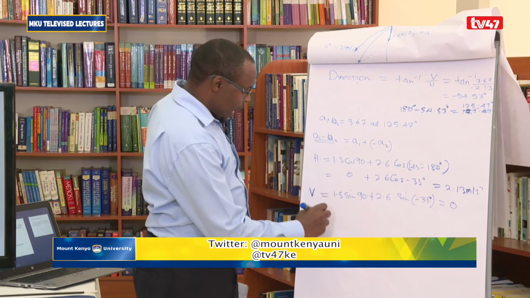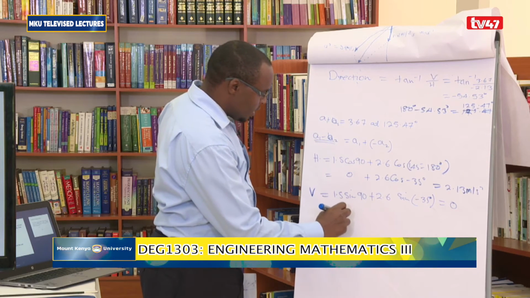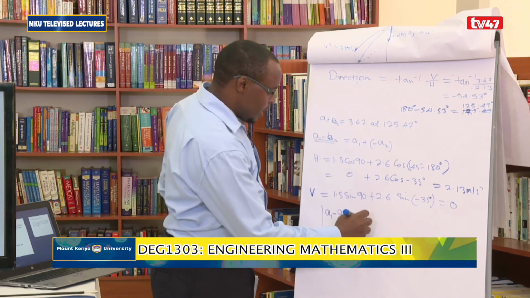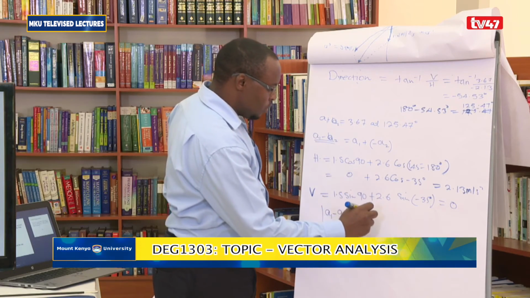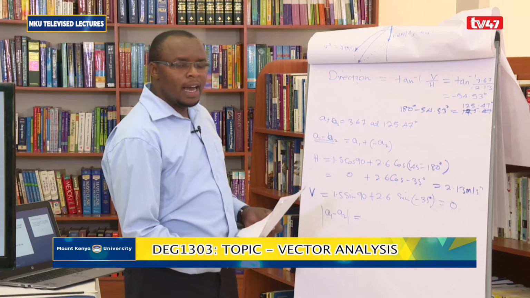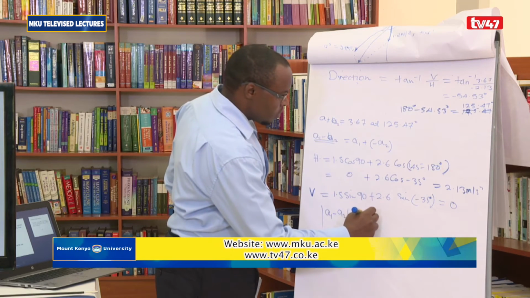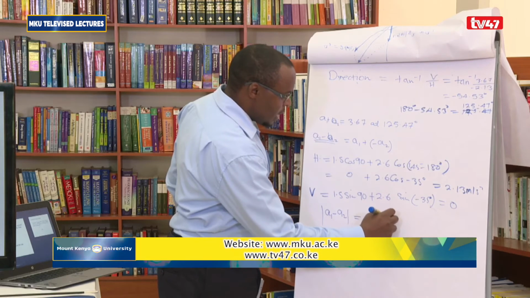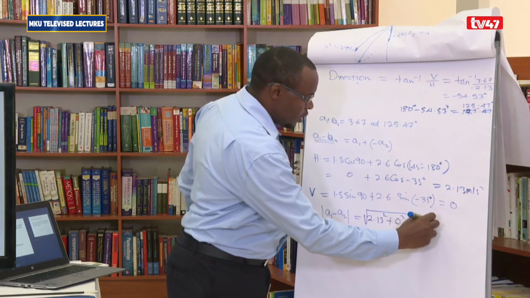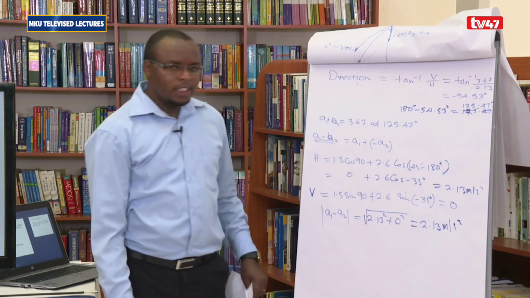And therefore, our magnitude, so the magnitude of A1 minus A2, is going to be given by the square root of the horizontal squared added to the vertical squared, such that it is 2.13 squared plus 0 squared square root, and of course this one remains 2.13, and this is meters per second squared.